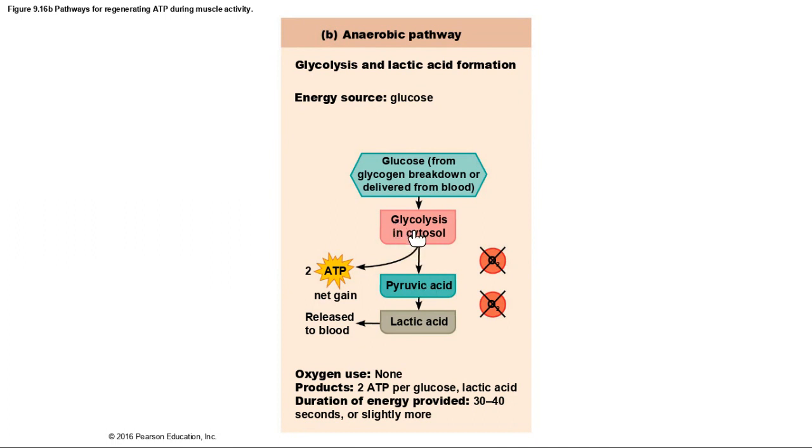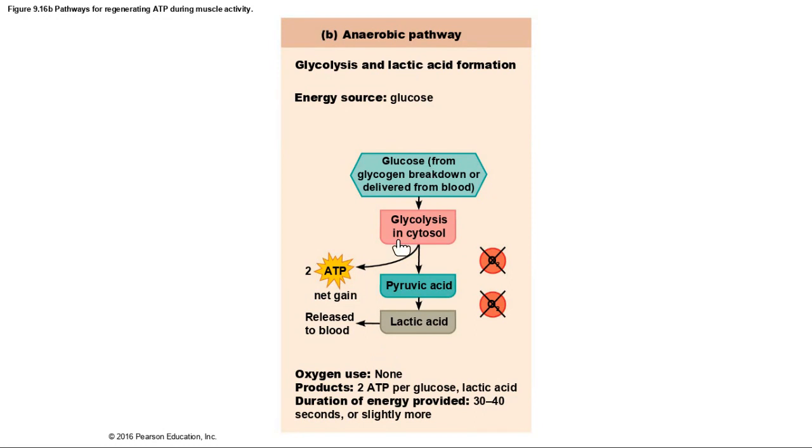Now, glycolysis is quite a process. There are many, many steps to it. And throughout the different stages of glycolysis, you will get the production of other molecules. For example, throughout the process of glycolysis, you will get the production of 2 ATP molecules altogether. So you will get 2 ATP per glucose molecule in the process of anaerobic glycolysis.